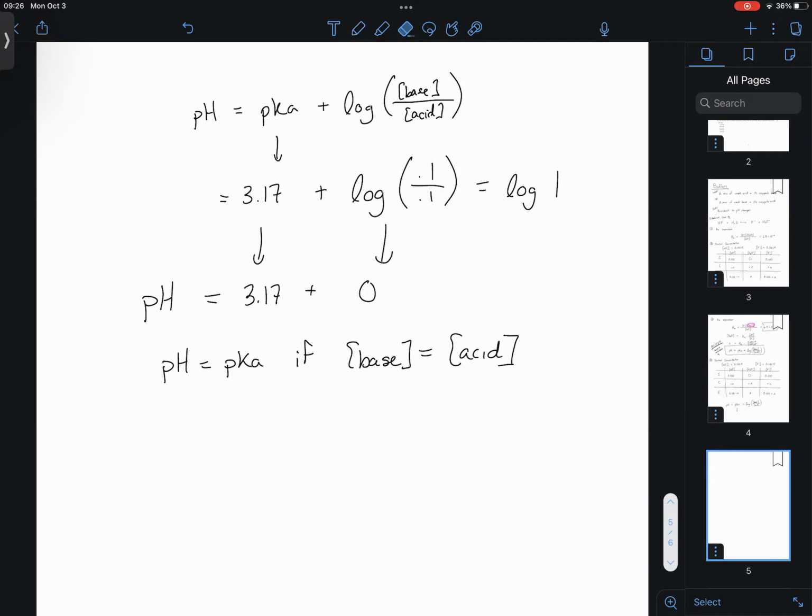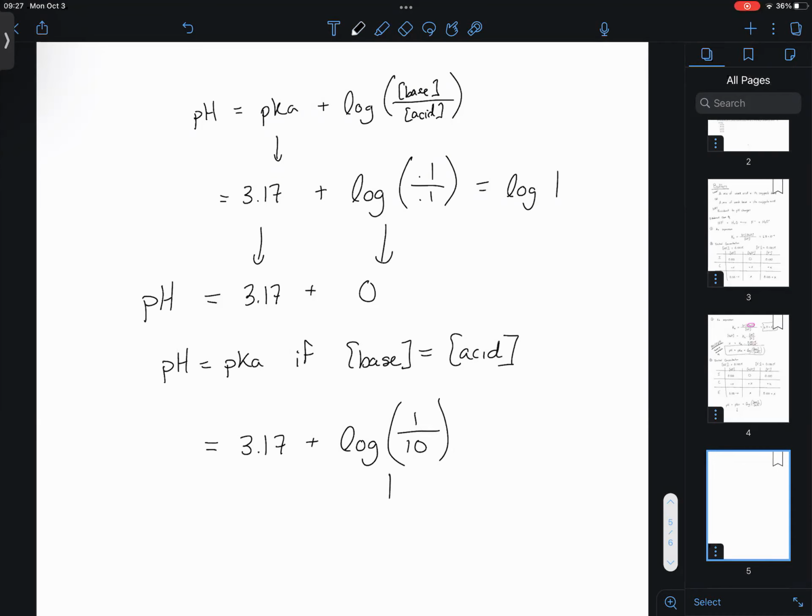All right, now let's say that instead we're going to play with this ratio again. Let's say that we have 10 times as much acid as we do base. So what that's going to look like is this 3.17 plus the log of 1/10, 10 times as much acid as we have base.